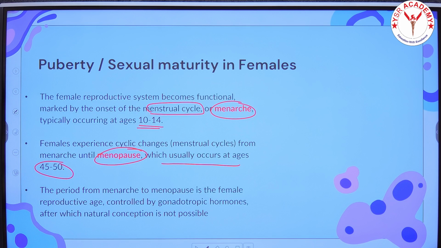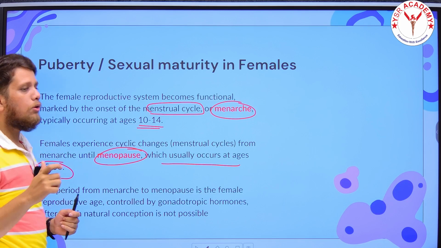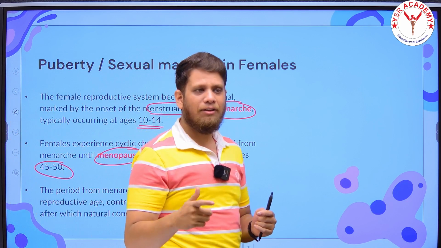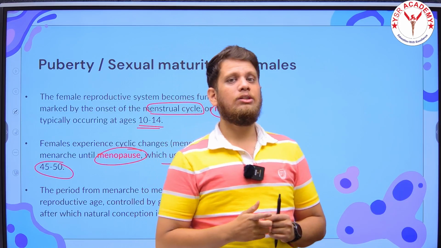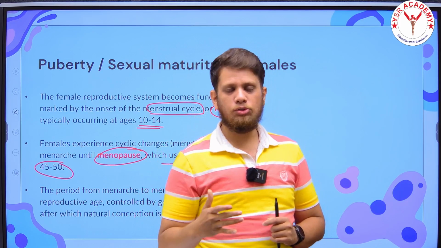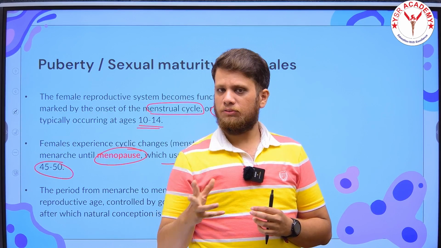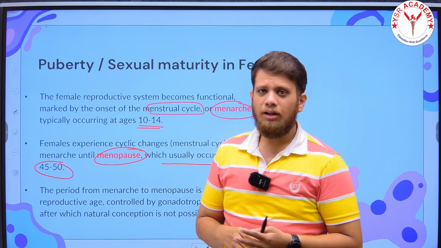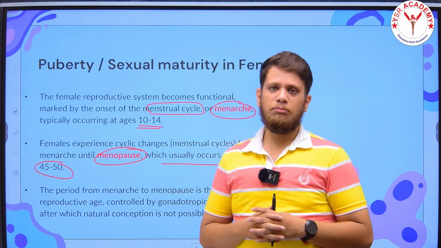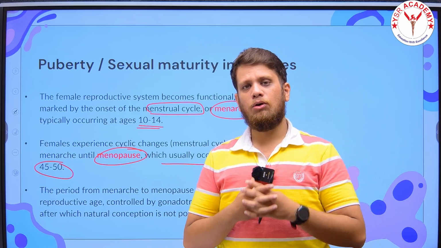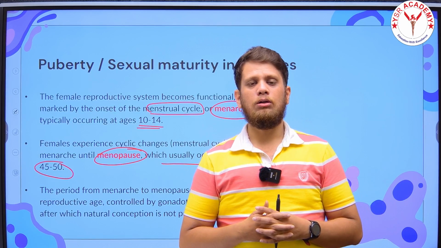The period from menarche to menopause is the female reproductive age controlled by gonadotropic hormones, after which natural conception is not possible. So post-menopause, you will not have the ability to conceive through natural means. In those cases, we'll have to adopt artificial methods. But again, as I said, it completely depends from female to female. As long as you have the hormones in place, things will be pretty smooth.